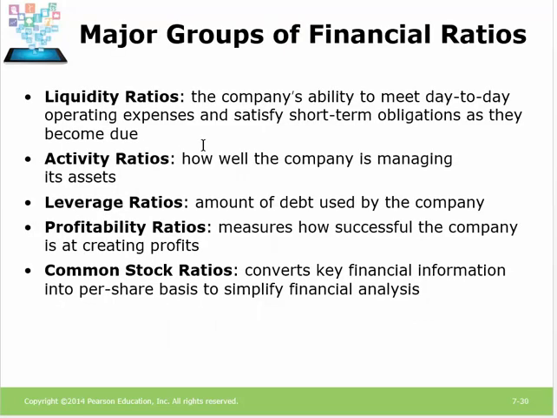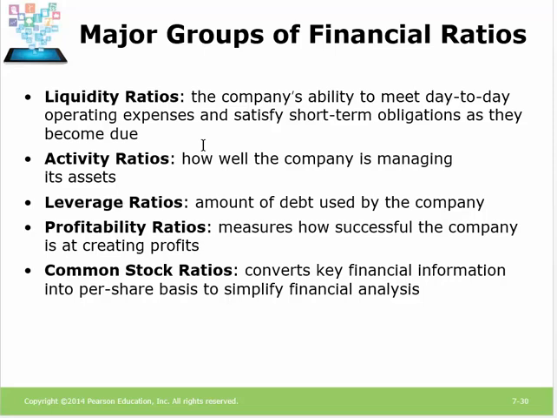So the major groups of ratios, we'll talk about these as we work our way through this chapter. We're talking about liquidity ratios. What is the company's ability to pay its current bills? Can it pay bills? I think it's a very logical question, right? Do you have enough money in your checking account to pay the bills that you currently owe? Activity ratios look at how the company is actually doing its business.